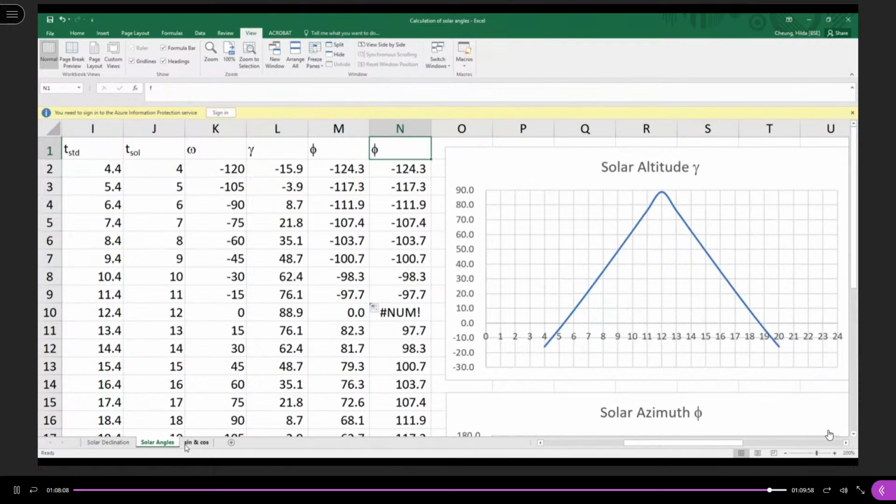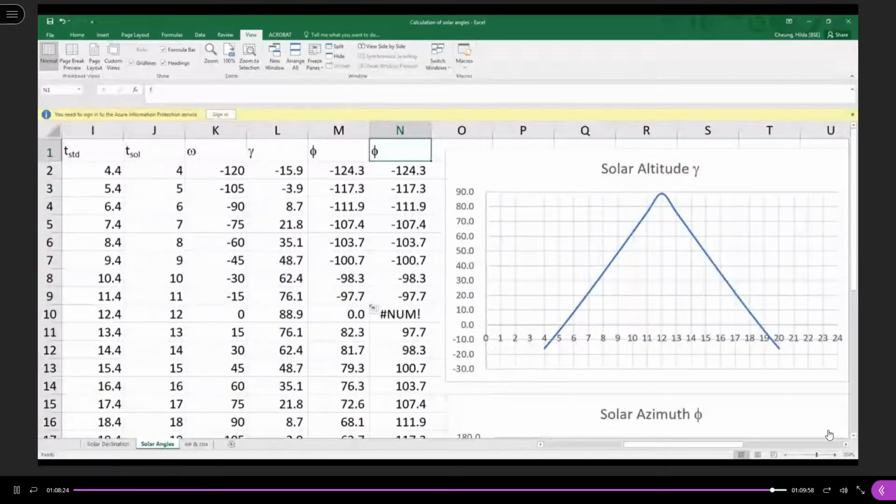We have gone through much teaching material. We have learned very much about how to read the sun path diagram and how to calculate the sun position, and you need time to digest. So I will stop here.